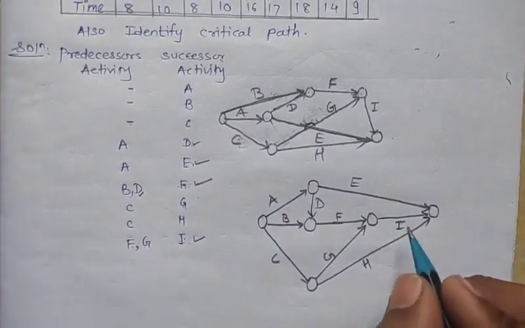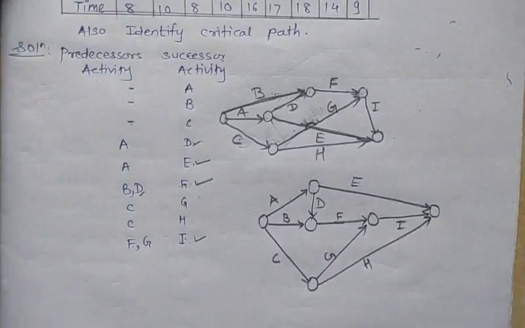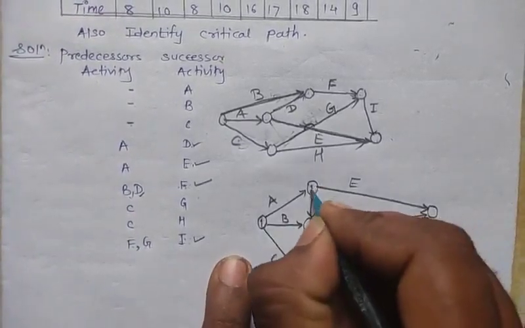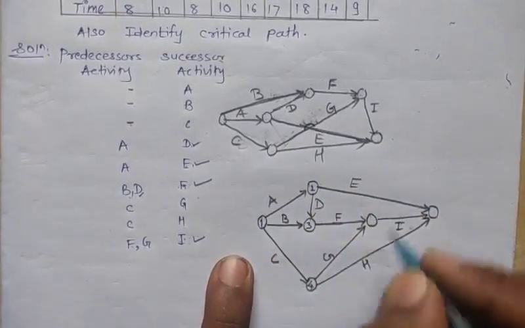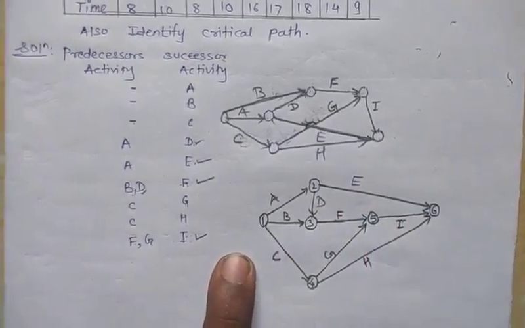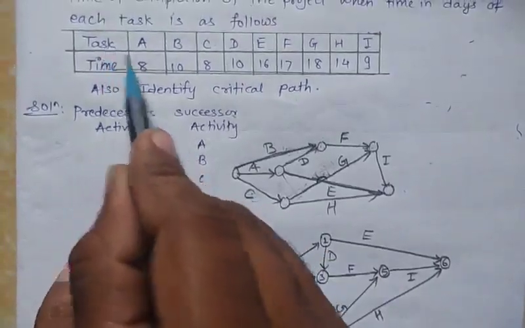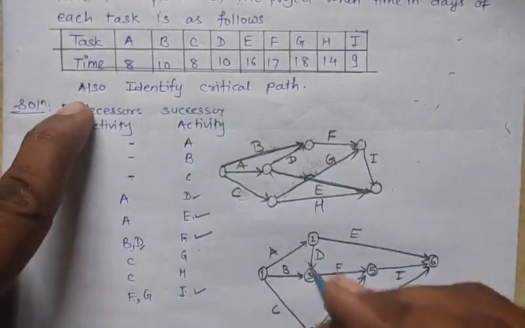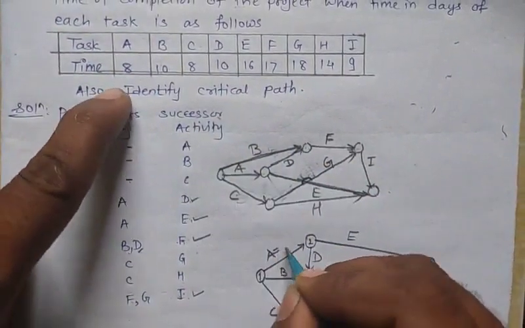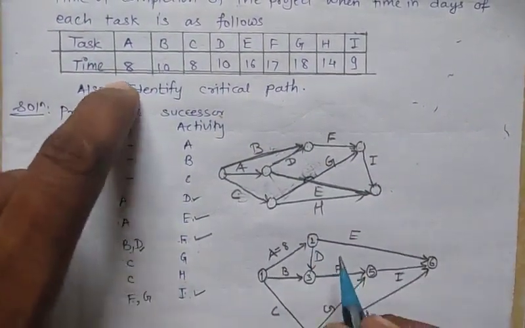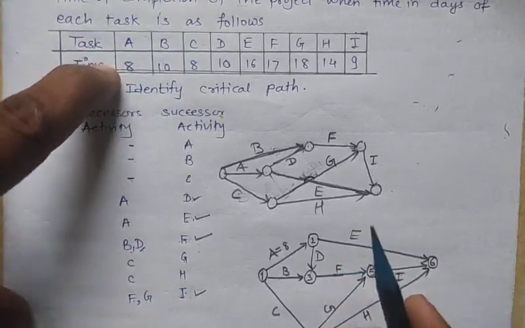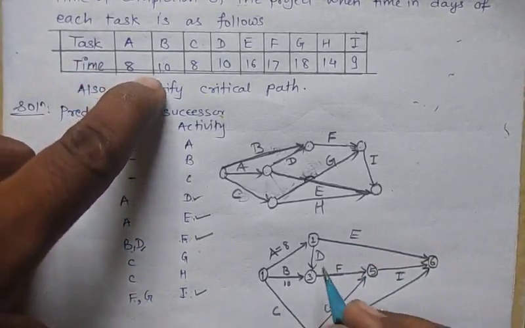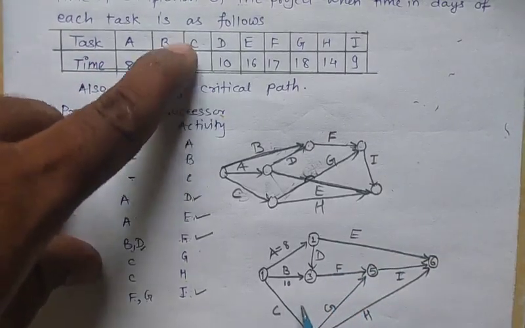So this is the final network diagram. Okay. So we number these events: this is first, now this is second, third, fourth, next this is fifth. Now for each task we have been given the time interval. For A the time interval is 8.